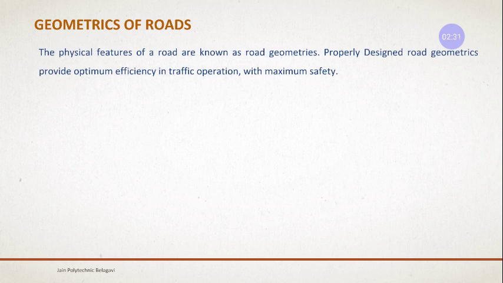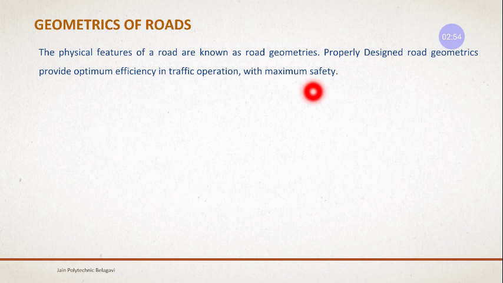the physical features of the roads are known as highway geometrics, and properly designed road geometrics provide optimum efficiency in the road traffic with maximum safety. So why is it provided?